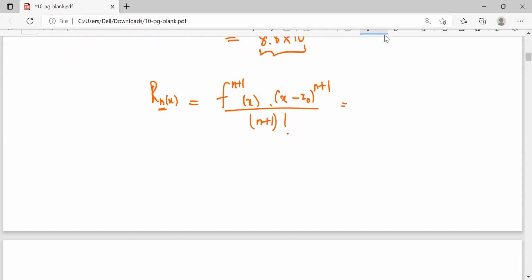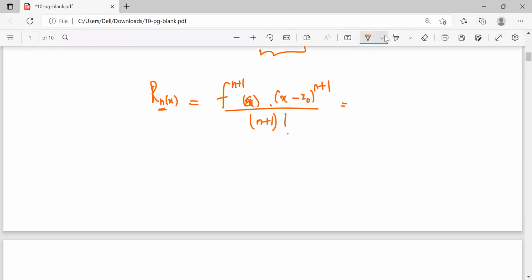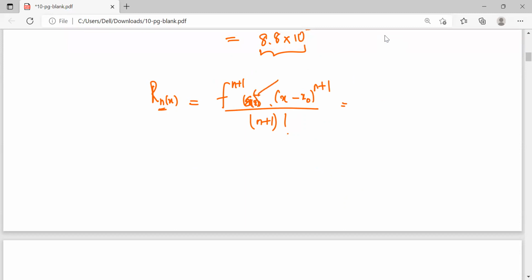Now remember, the derivative is not evaluated at x, it's evaluated at epsilon x, which is another value that lies between 0, the initial point we have taken for the approximation, and 0.4. The epsilon x is a value which lies between 0 and the value we are substituting in that equation, which is 0.4.